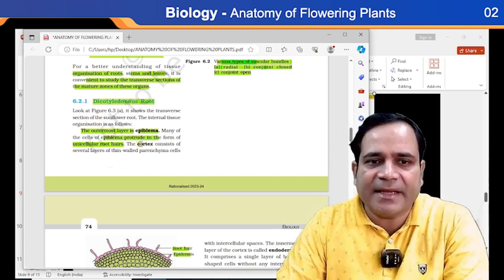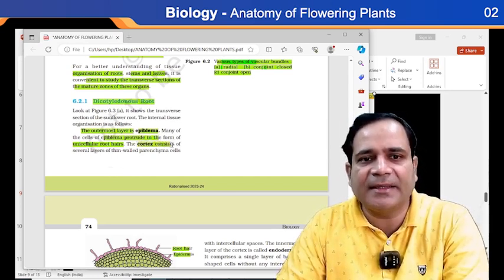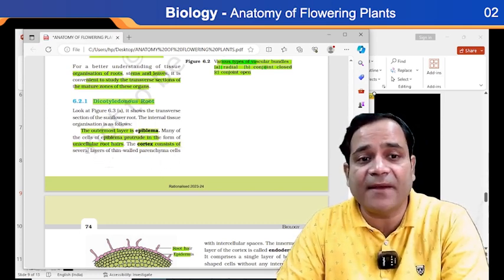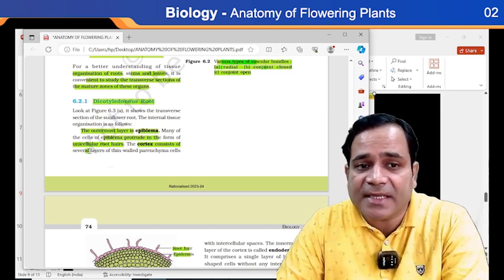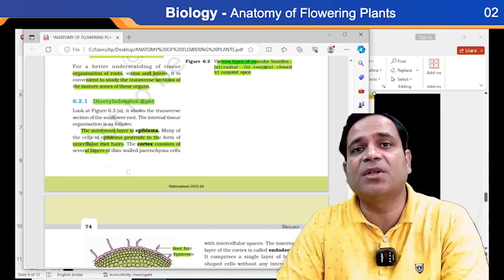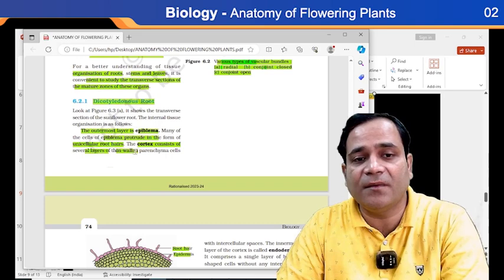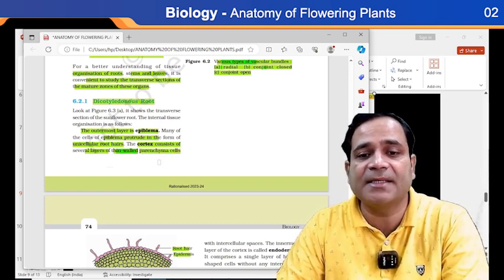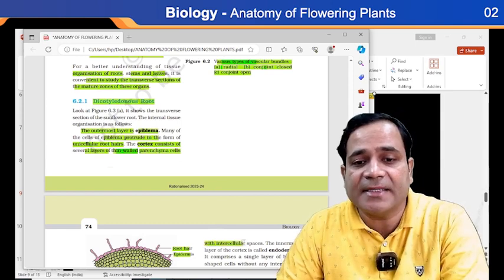Now the second important thing is the cortex, which consists of several layers of thin-walled parenchyma cells having intercellular spaces.